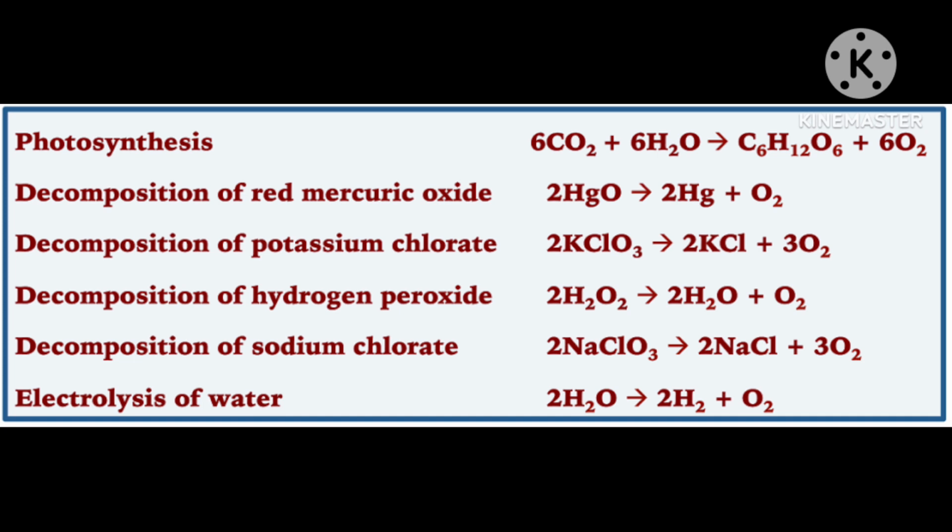They react with acids as well as alkalis. For example, aluminum oxide, Al2O3. Aluminum oxide reacts with acids as well as alkalis. This reaction itself is very, very important. This is an amphoteric oxide, aluminum oxide, don't forget.